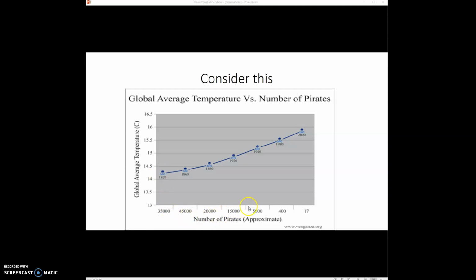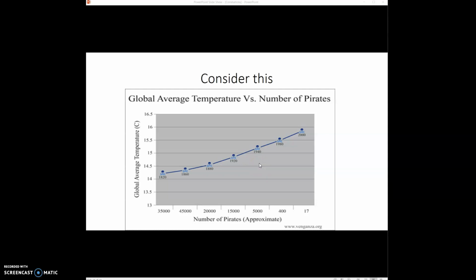So as time has gone by, we have less and less pirates, and the global average temperature has gone up. So by some people's rationalization, the way to fix the global temperature problem is to introduce more pirates. That's because some people think that this is a cause and effect relationship. It's not. There's just two data points that can be related. That doesn't mean that one has anything to do with another.